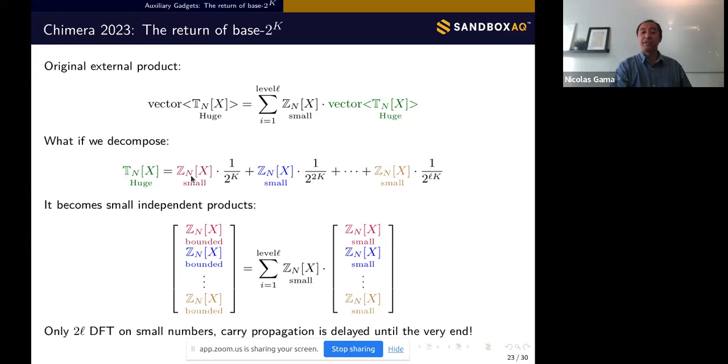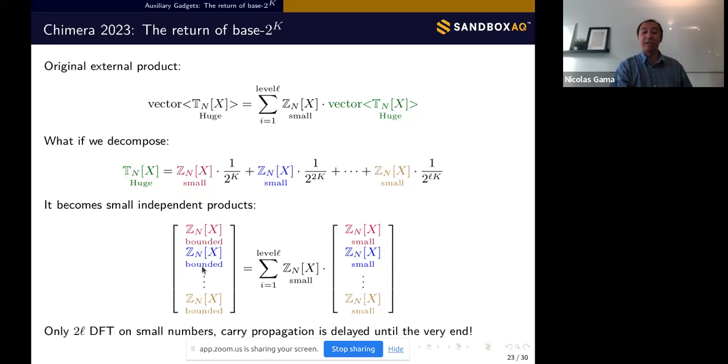The red part would be the most significant digit, the blue part the second digit, 2 to the 2K, and then the brown part the least significant one. And actually here I can do exactly the same thing. I can take all these colors and just form a vector out of it, and just treat my product as a matrix, as a coefficient vector multiplication.